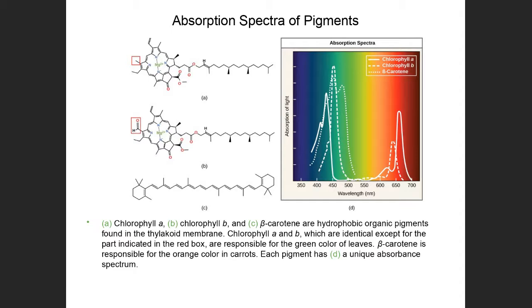Okay, so those pigments, they are three. He realized that we have three essential pigments: chlorophyll A, chlorophyll B, and beta carotene, and other hydrophobic organic pigments. This is what I found in my thylakoid membrane.